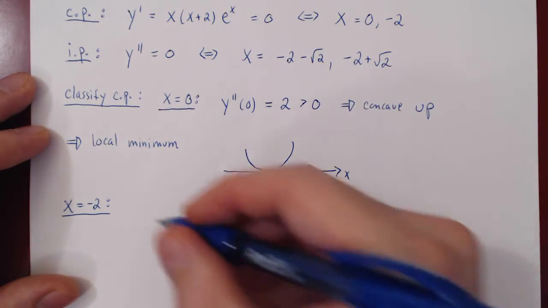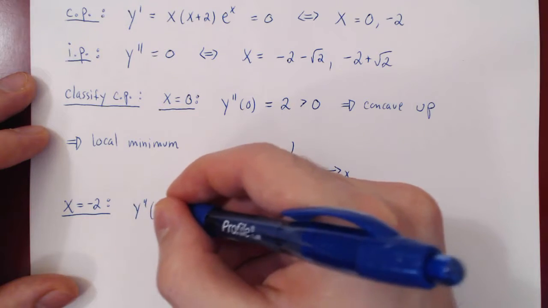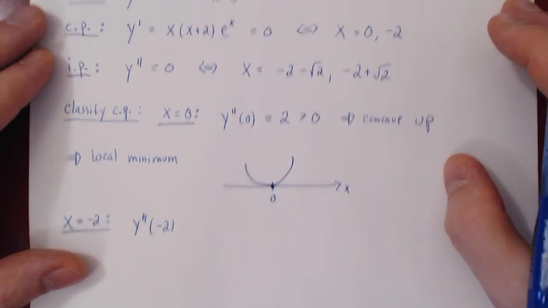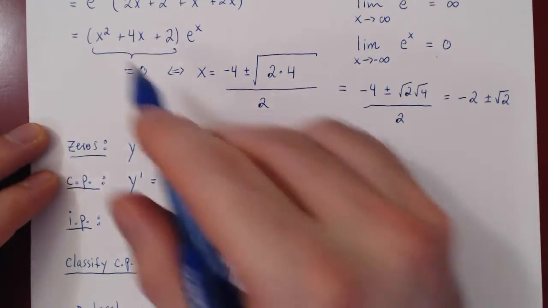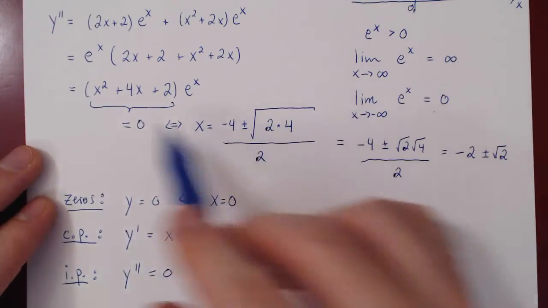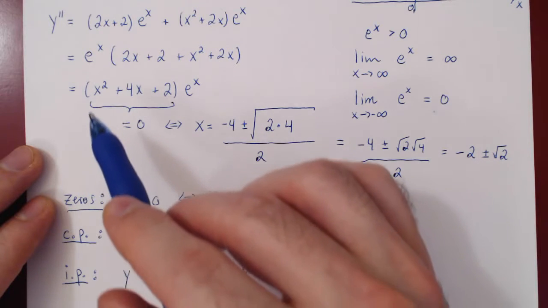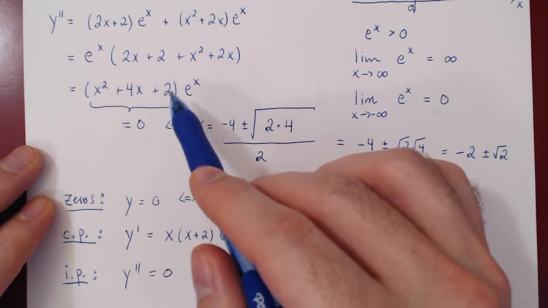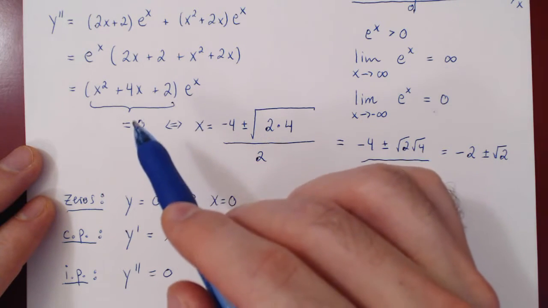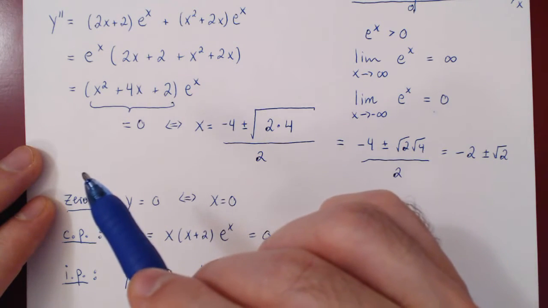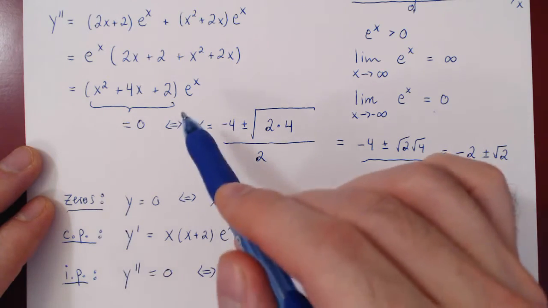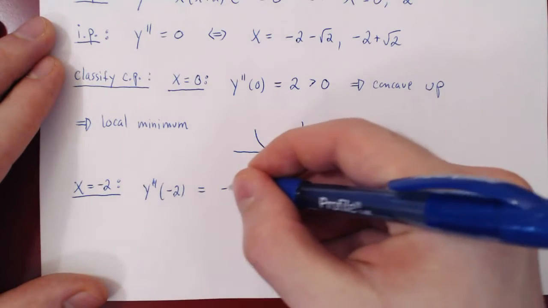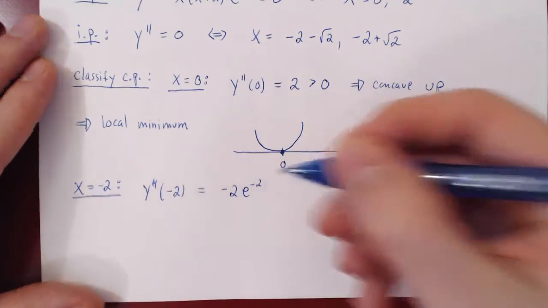And again, all we need is the second derivative at negative 2. Hopefully it will be positive or negative. So let's see. This is again our second derivative. Plug in negative 2 here, what do you have? Negative 2 squared is 4, plus 2 is 6, minus 8, that's negative 2 times e to the negative 2. So we get negative 2 times e to the negative 2.